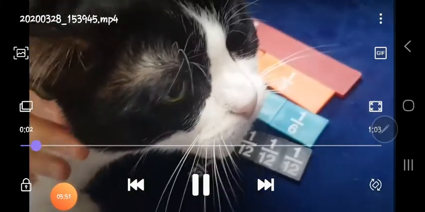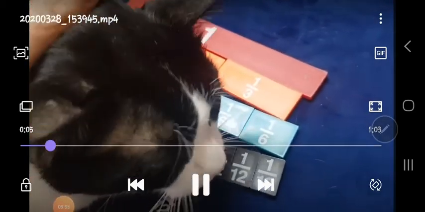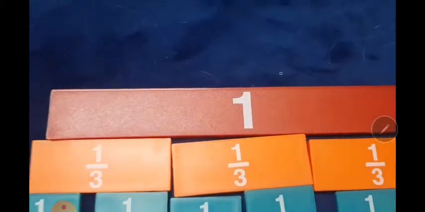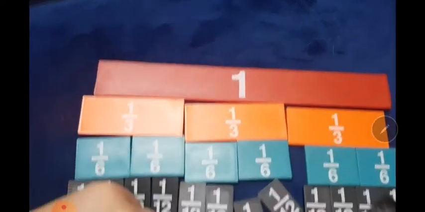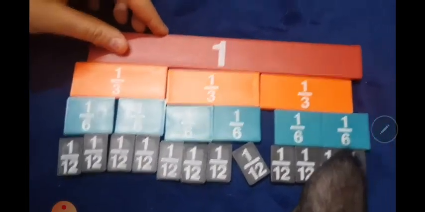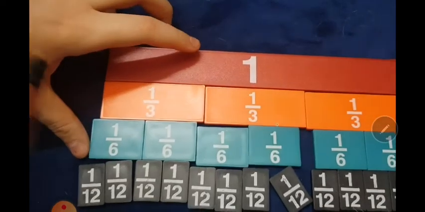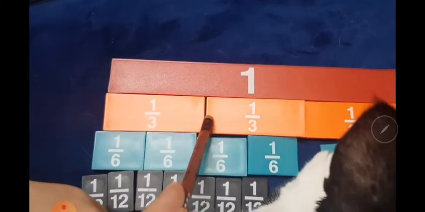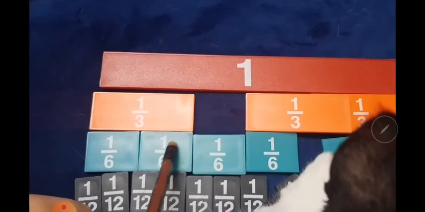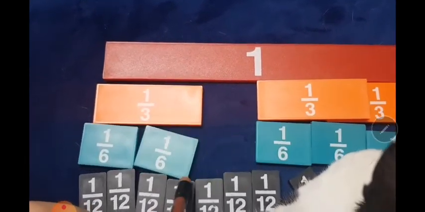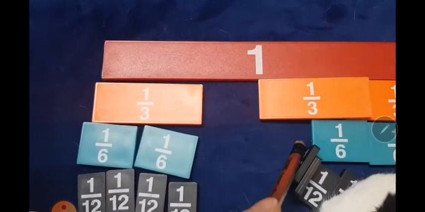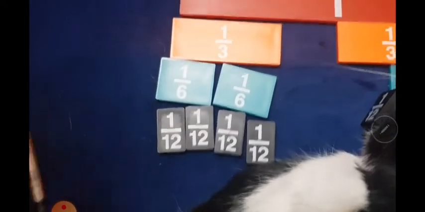Now, today we'll talk about equivalent fractions, and let's see what Cookie prepared for us. Say hi to Cookie. Now Cookie this time has one chocolate bar. As you can see, the red one is 1, but she said it's very big for her. Okay, so we cut it into 3 pieces. 1/3, 2/3, 3/3. She said this is still big. She will take only 1/3.